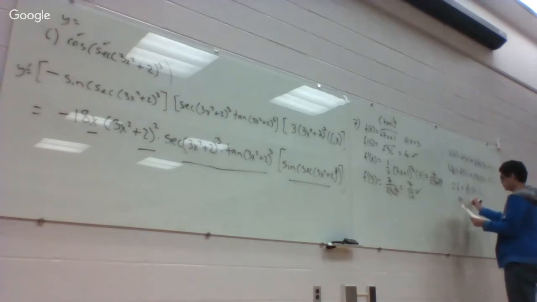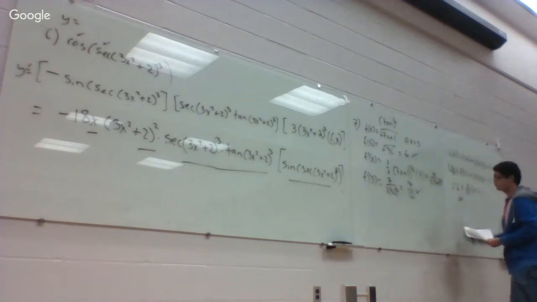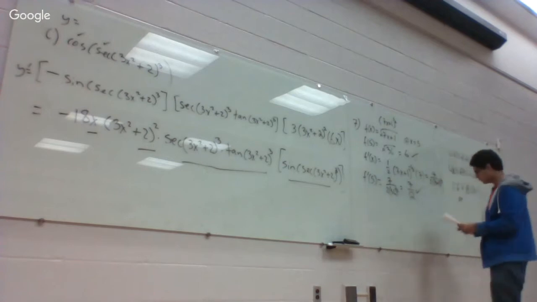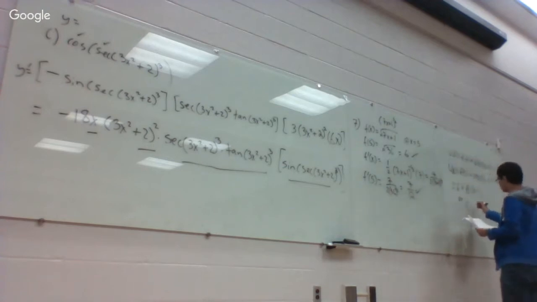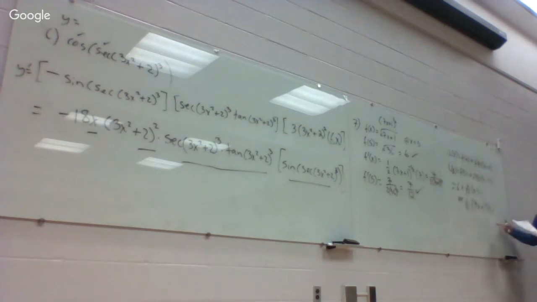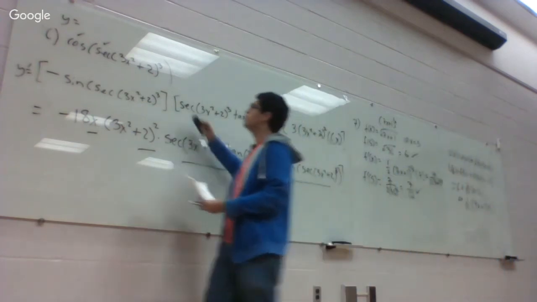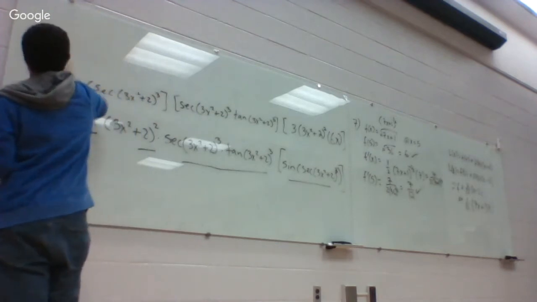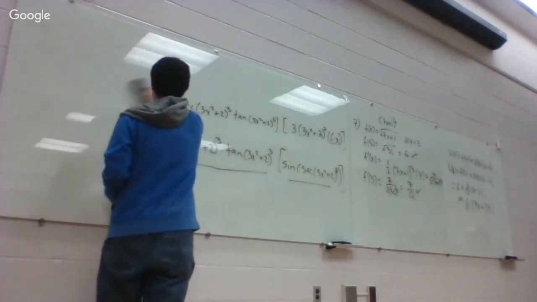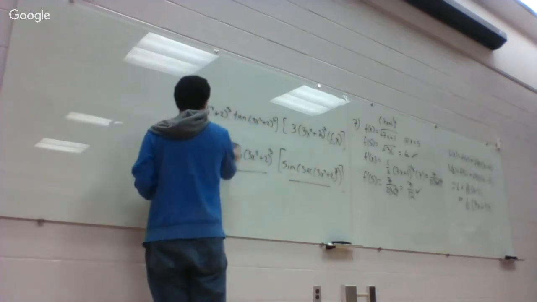Or 1 over 12 times 7x plus 37, if you want to really simplify it, but you don't need to. Are you all good with that? It's pretty straightforward if you remember the formula.